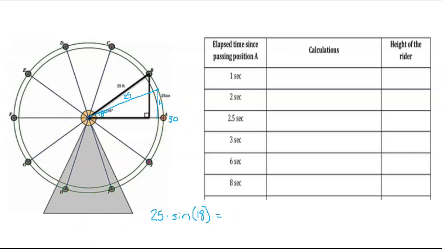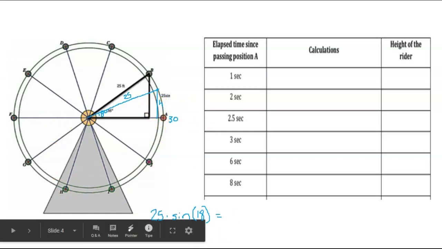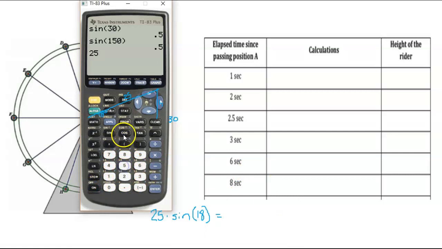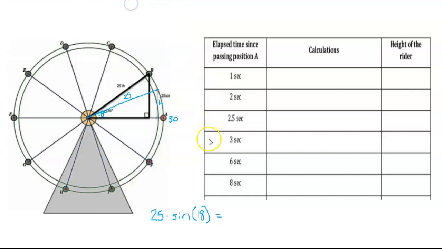If we look on our calculator, we can see that 25 times the sine of 18 is 7.7 feet. So after 1 second, we have traveled 7.7 feet up above the 30 mark.